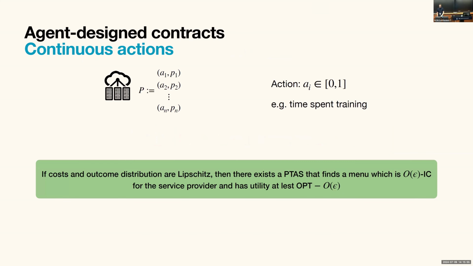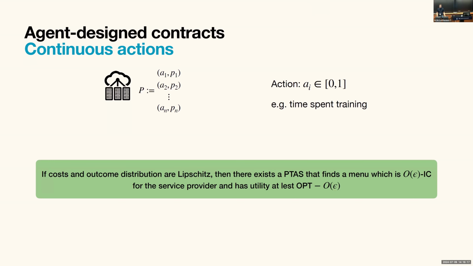For example, we thought about the problem of continuous actions, in which the action is continuous, and this makes sense for the problem that we started from, training machine learning models in cloud-based platforms, because this could be like the time spent training the model, for example.